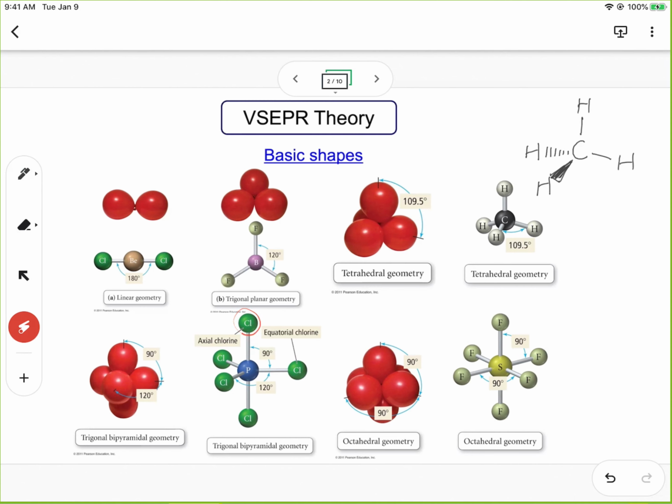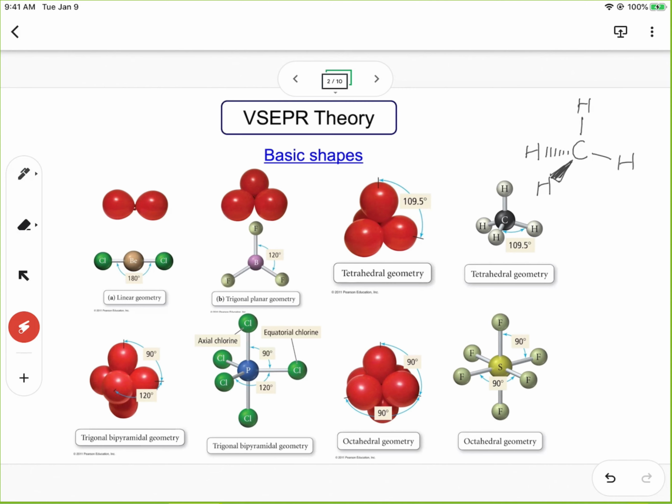So this chlorine, phosphorus, and this chlorine, the angle is 90 degrees. This chlorine is perpendicular to this PCl bond. And if you check the other 2 PCl bonds, you can see that this chlorine is also perpendicular to this PCl bond, also this PCl bond.